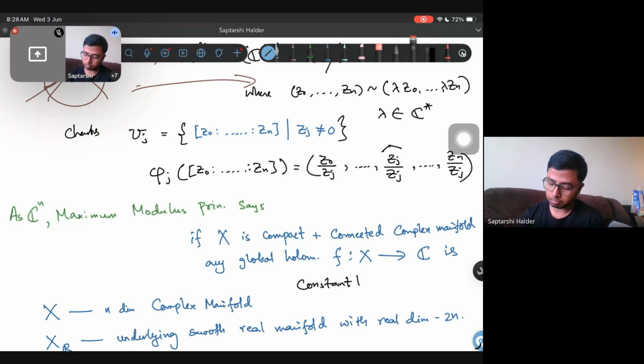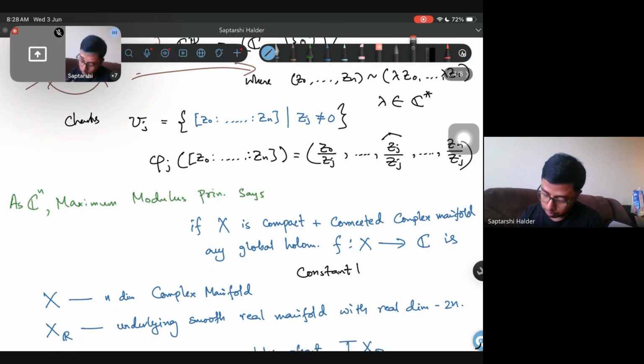Compact means closed and bounded, and connected means path connected. Now if you have a global holomorphic function f from X to C, then it must be constant, like what we have seen in Liouville's theorem in complex analysis. It holds here as well.